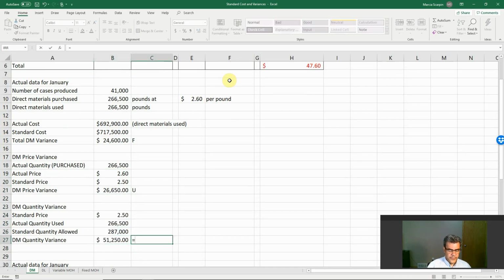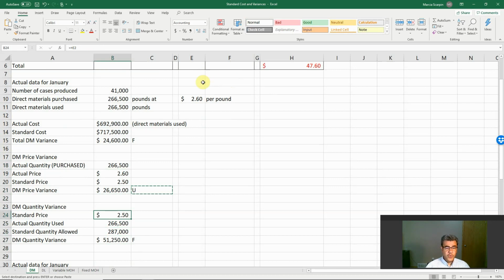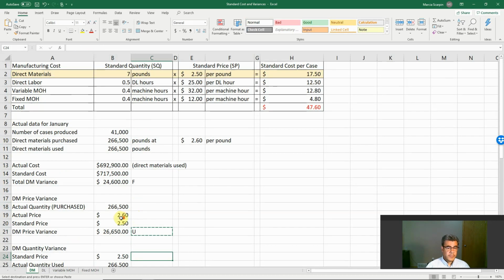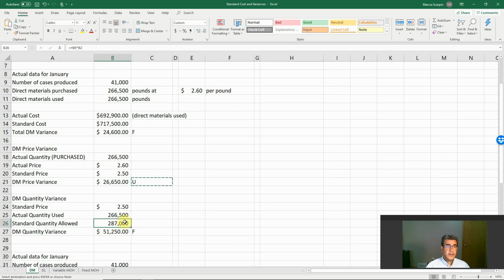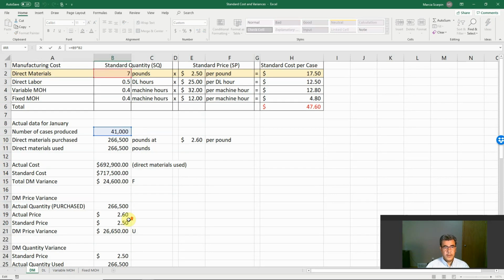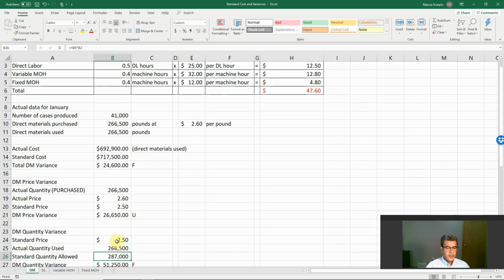And the same here: if we copy and paste this formula, we will have the favorable or unfavorable. So how do we find it? Here, actual quantity usage, 266.5.